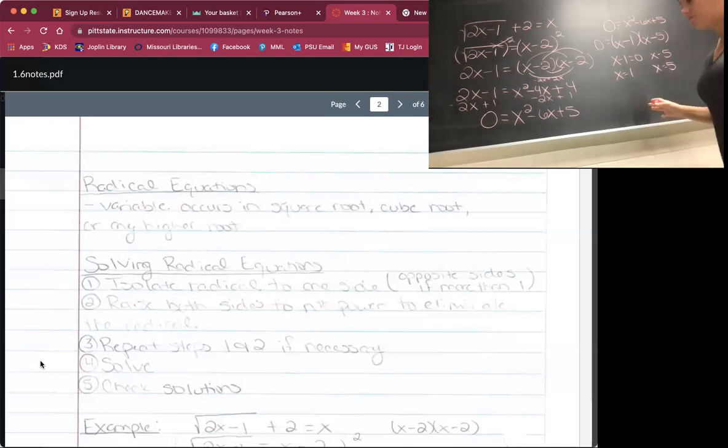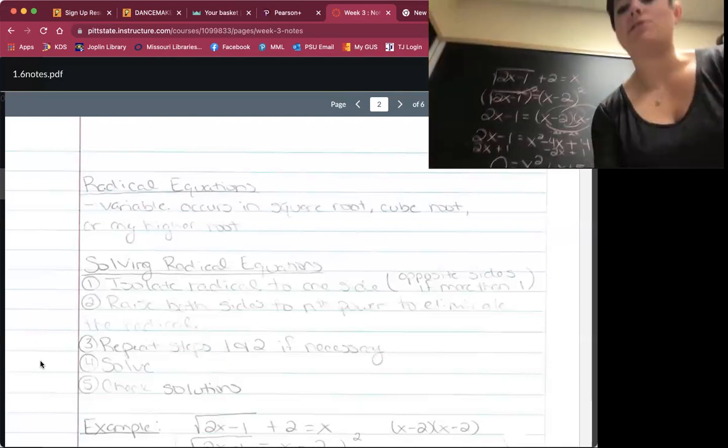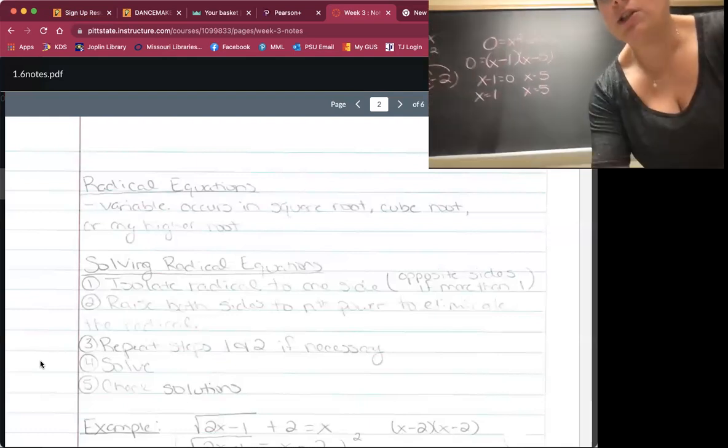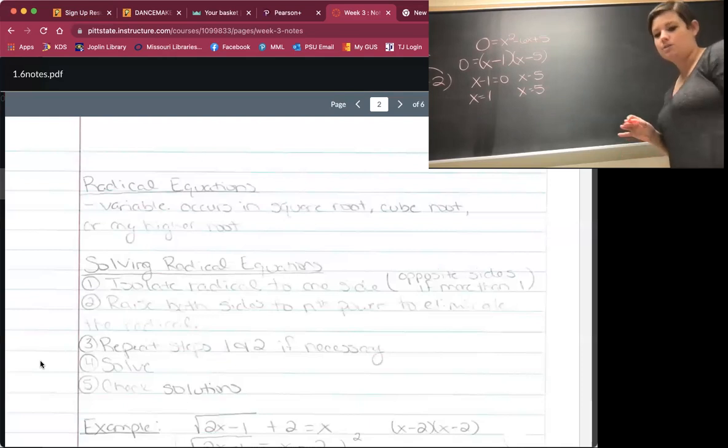But here's the thing. I found my solutions, but I haven't checked them yet. And since this is a radical equation, I have to check my solutions. So what that means is I take those answers that I just got, and I'm going to plug them into the original problem and see if I get a problem spot or not.